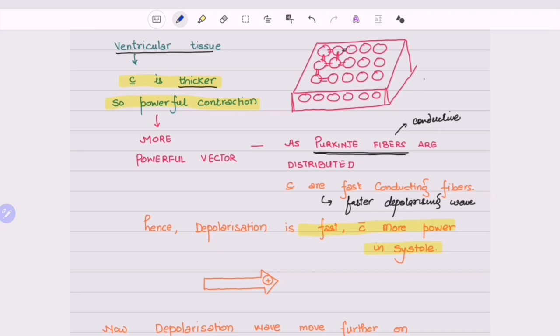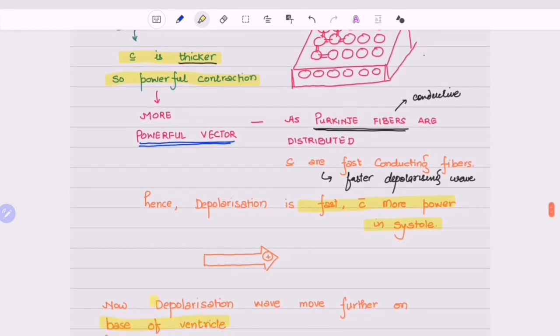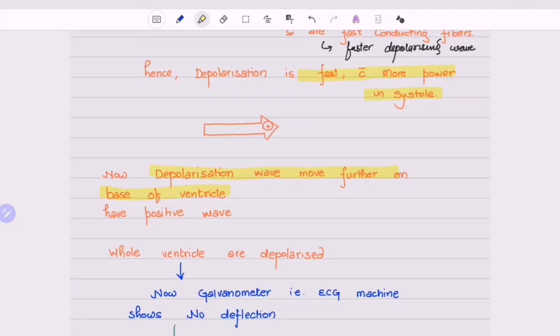Now, as the contraction is faster and more powerful, the vector made by them is also more powerful. The depolarizing wave moves further to the base of the ventricle, having a positive vector. When the whole ventricle is depolarized, the deflection of the galvanometer stops.